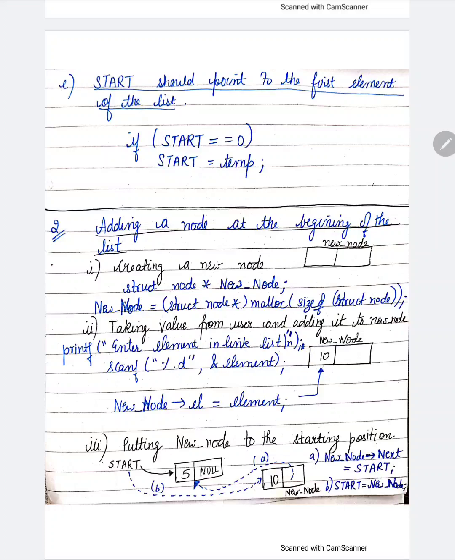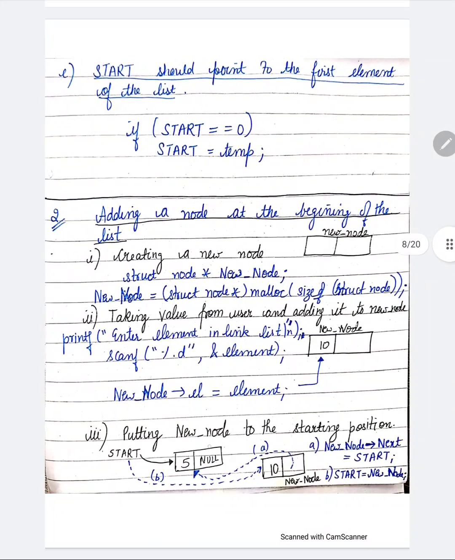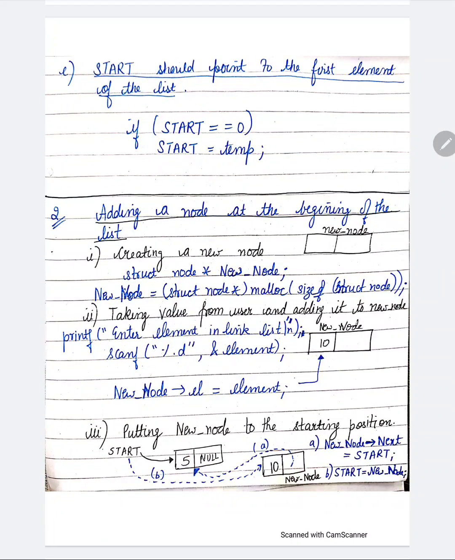All right, and then since this should be the first node, it should point to the current first node of the list. So we should say that new node arrow next should be equal to start, because start contains this node which is already there, and I want to add this node at the beginning. Now 5 should become second and 10 should become first.